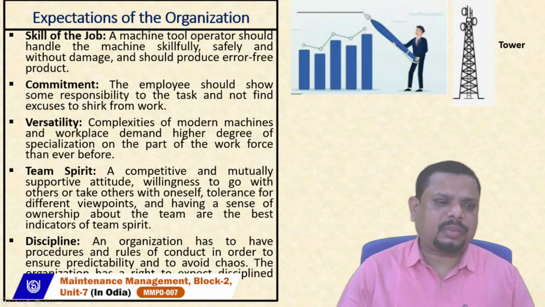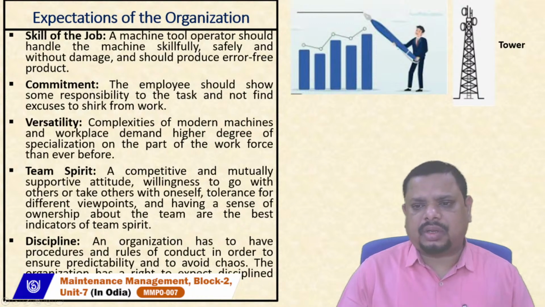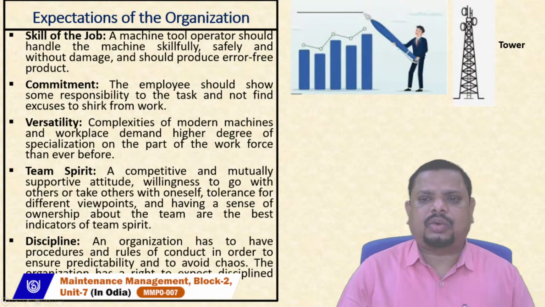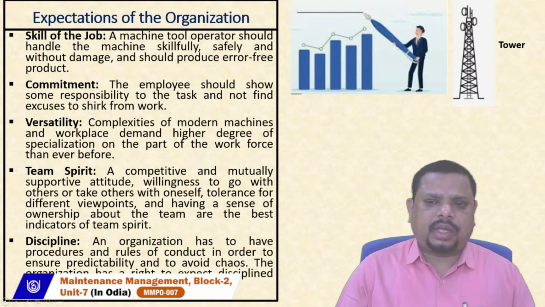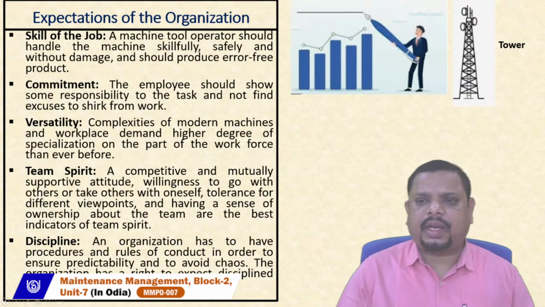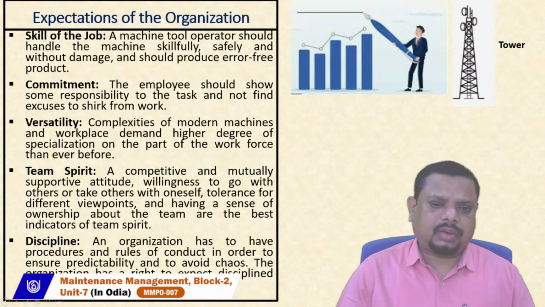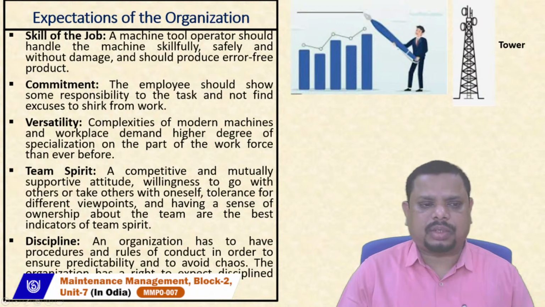Let's take an example in the case of tower construction works. The workers who are assigned to tower construction can go for assembly work, manufacturing work, welding work, and final assembly work. After completion of one telecommunication tower, they simply mobilize from one place to another.